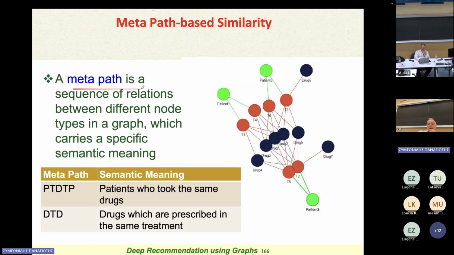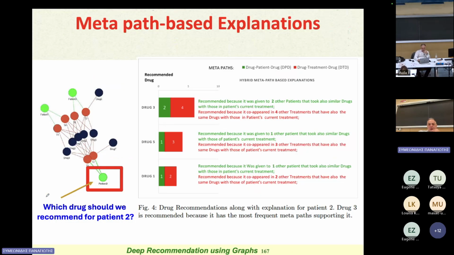Of course, you can use again metapaths. You have the patient, you have the treatment plans, you have the drugs used in these treatment plans. So you can apply algorithms to find frequent metapaths to connect patients with other patients, diseases with other diseases, etc. For example, here we can ask the question, which drug should we recommend for patients?